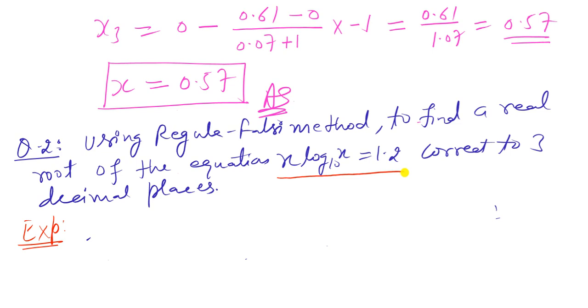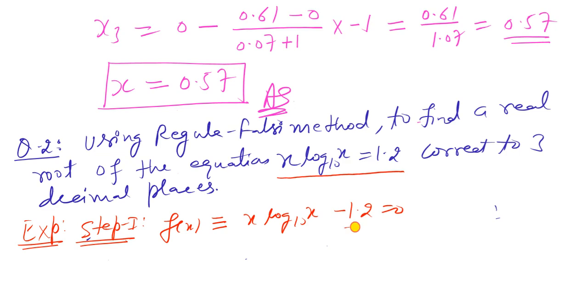When we apply the regula falsi method, in step 1 consider the function f of x. f of x is equal to x log x at base 10 minus 1.2 is equal to 0. Say this is equation 1. Now this equation contains the logarithmic term, so we put x is equal to 1 in equation 1, because at x is equal to 0 log is not defined.